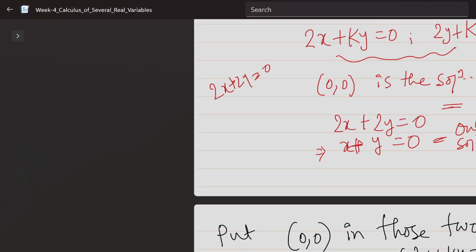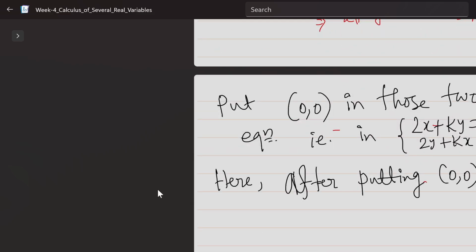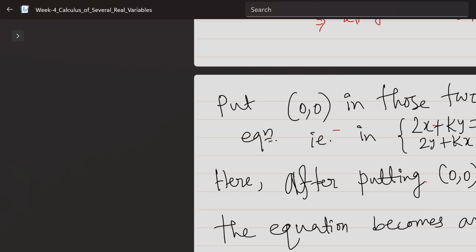But here, after putting 0, 0, the equation becomes an identity. That is, 0 equals 0.